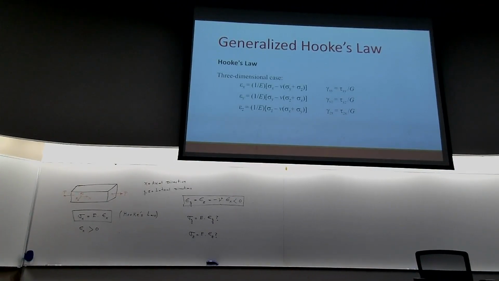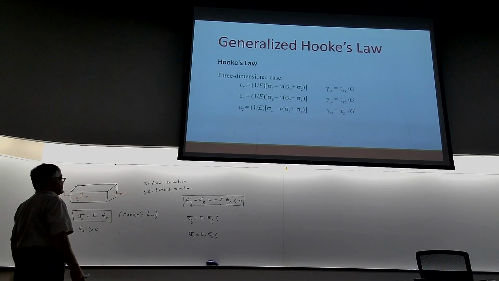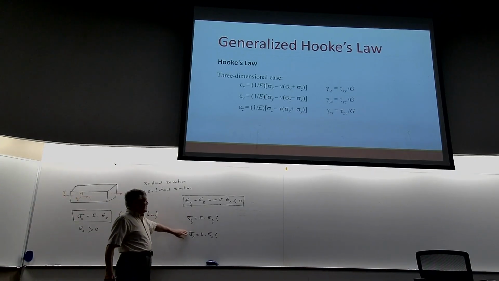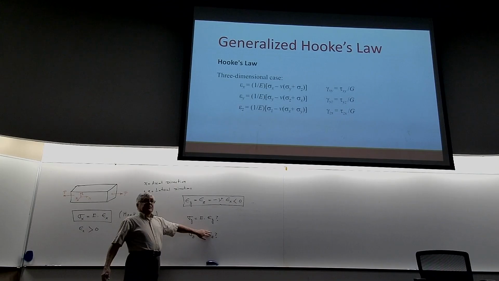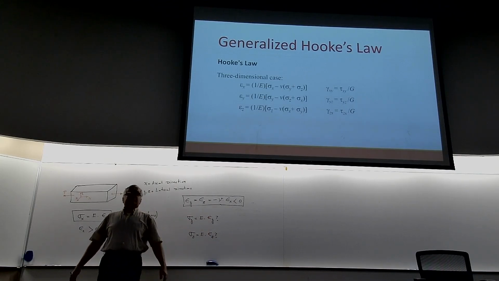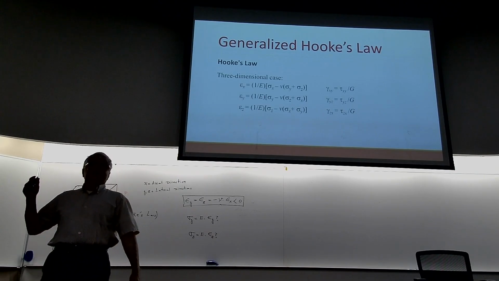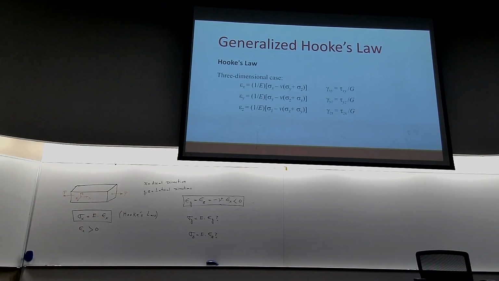What are the left sides? Sigma y and sigma z. Do you see any forces in the y and z direction? No. So sigma y and sigma z are zero. No force, no stress. So left side is zero, right side is a negative number. Obviously, Hooke's law does not work in the cross section, y and z directions.